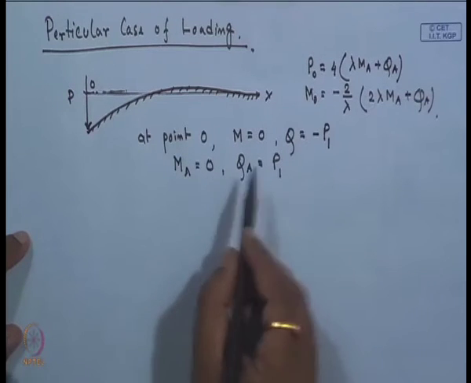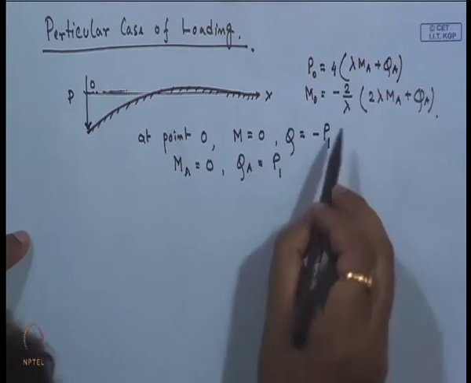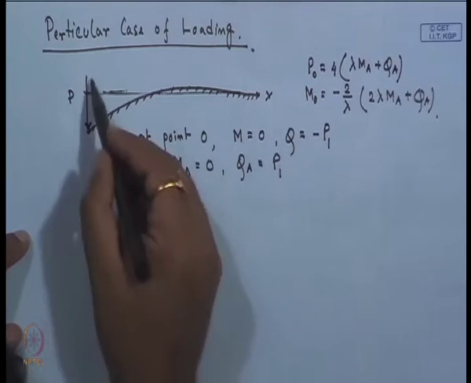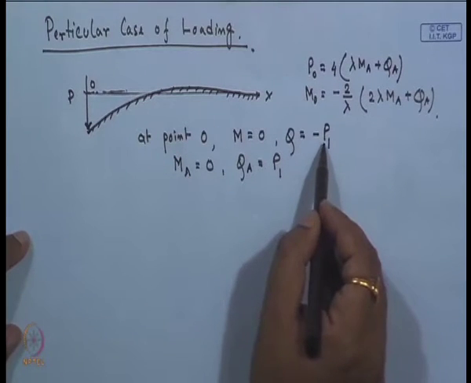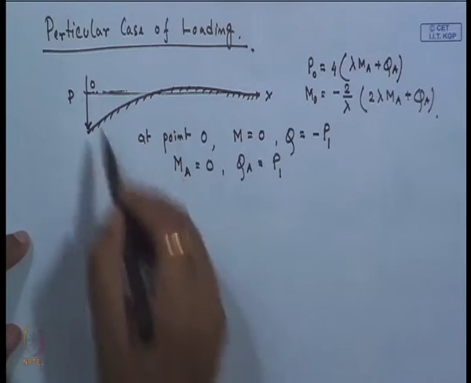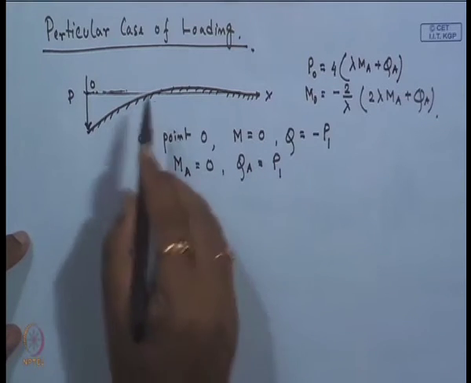Because here we are applying a load P, the shear force at this point will be minus P 1. So, M A will be 0 at this point and Q A will be P 1 at this point.